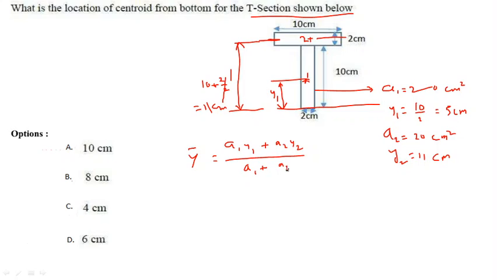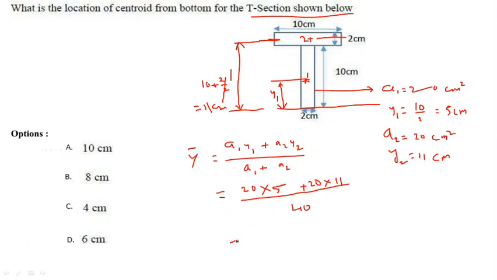Now substitute all the parameters in this formula. A1 is 20, y1 is 5, plus A2 is 20 and y2 is 11, divided by A1 plus A2, which is 20 plus 20, the sum of the areas, 40.